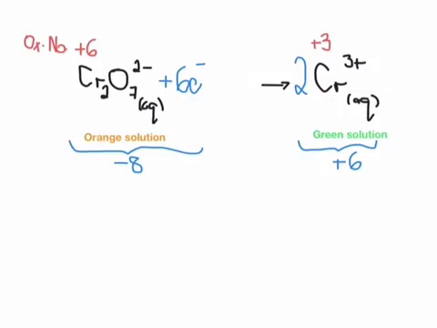So to get the charge the same on both sides, if you add 14H+ on the left, then that will now make the charge +6 on both sides. Now you will notice that you have hydrogen and oxygen on the left, but you have no hydrogen and oxygen on the right, so you can throw in water on the right to sort that out, and if you add 7 waters, then that will put the same number of hydrogens and oxygens on both sides of that half equation. So that half equation is now sorted.